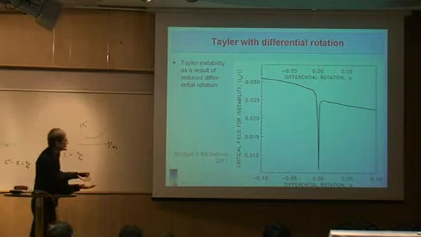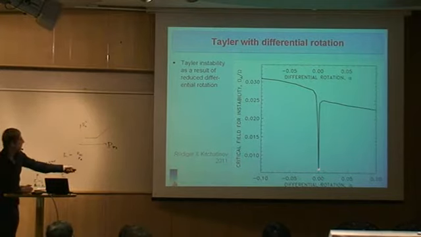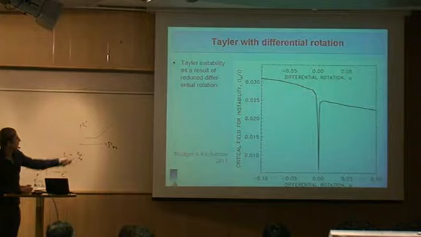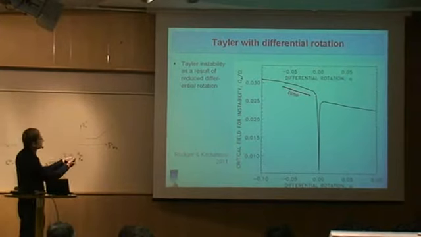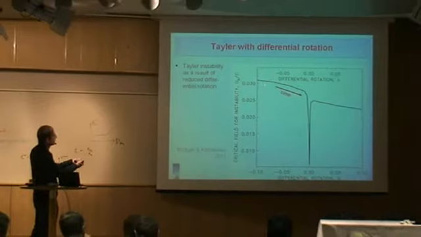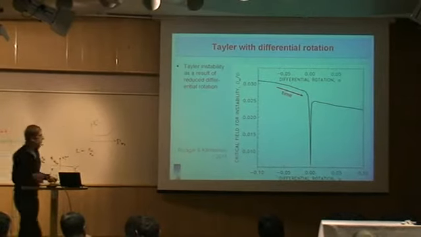So if there's differential rotation, your stability limit rises. If there's no differential rotation, the limit is much lower. In our system, you could look at this as a sort of time here, because we start with the differential rotation, which is diminished, and once it is small enough, the instability sets in.